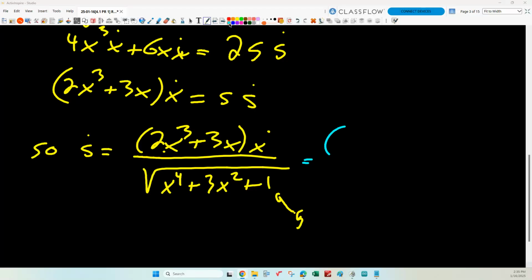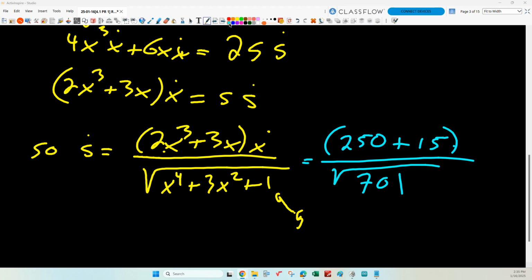2 times 5 cubed, so that's 250 plus 15 over, yikes, what's this going to give us? Square root of 625 plus 75, so 701, I guess.